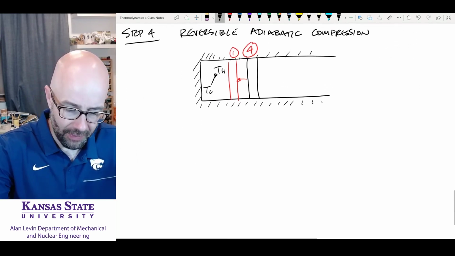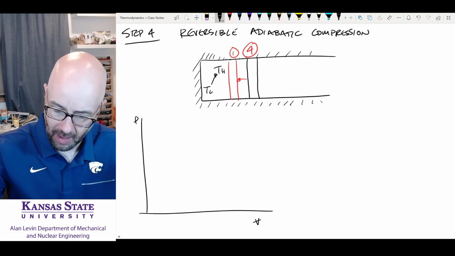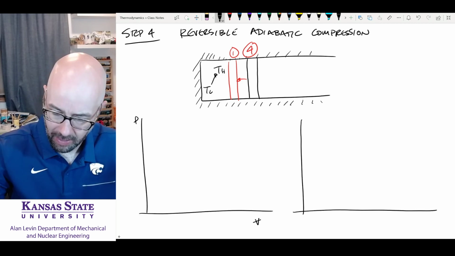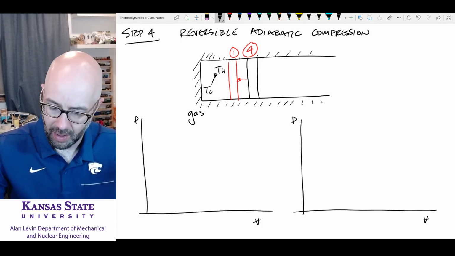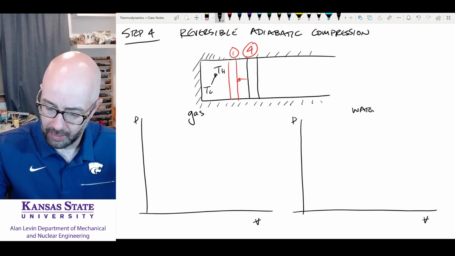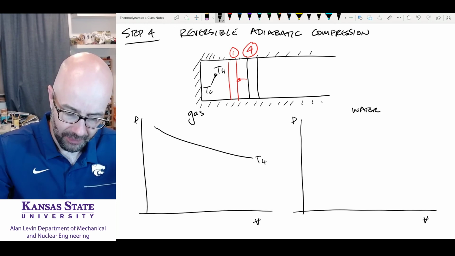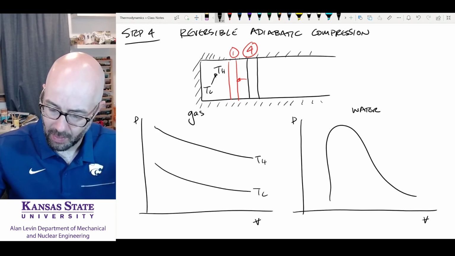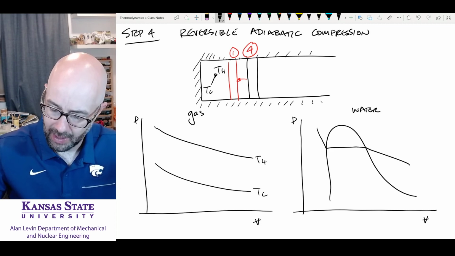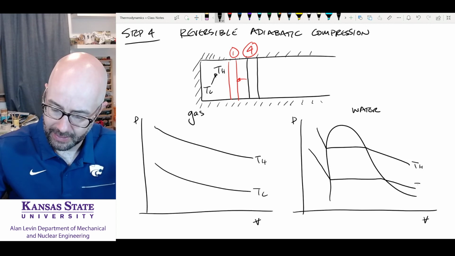And so this is going to be our final PV diagram for our gas and for our water, or whatever we're dealing with here. We have our TH. We have our TC. We have our vapor dome. We have TH, and we have TC.